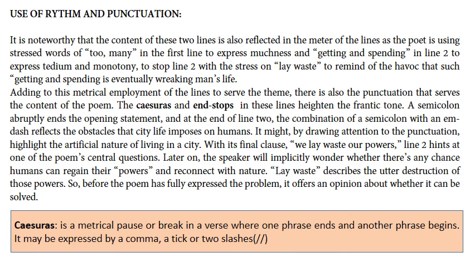In fact, the speaker will implicitly wonder whether there is any chance a human can regain these powers. Of course, if you use your powers in something that is spiritual, it means that you are not losing them. You regain them over and over again, because they are still recreating themselves.